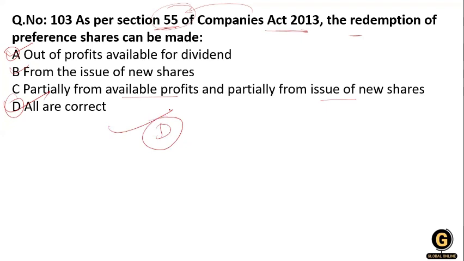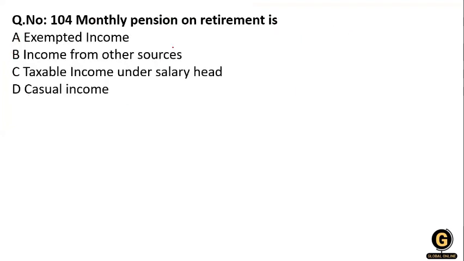Clear? Now the 104, monthly pension on the retirement. Monthly pension on the retirement is exempted income, is income from other sources, is taxable under the head of salary, or is casual income. So monthly pension income on the retirement is what?